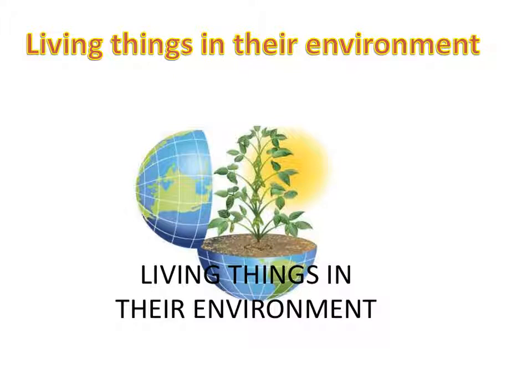Then the last thing was biodiversity. And we had some information about investigating a habitat. We said that a habitat is the home of a plant or animal, the place where it lives. Right, grade 7? Today we are going to continue in our topic, which is living things in their environment.